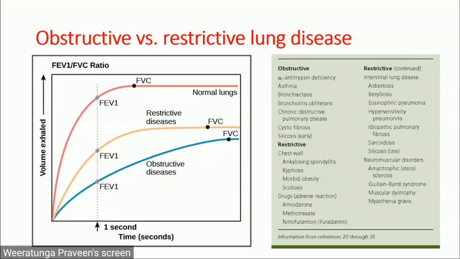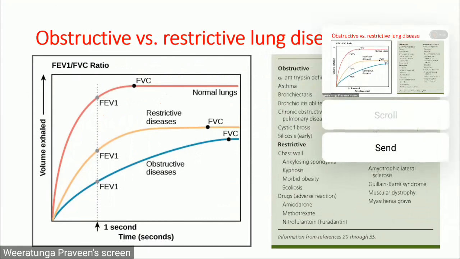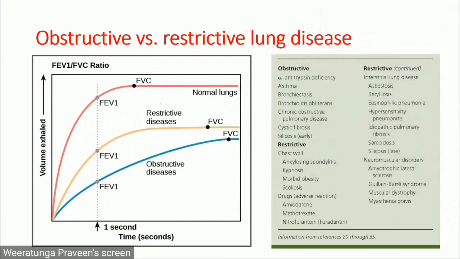Remember that restrictive lung disease doesn't only mean lung tissue related problems. Anything else that causes restriction of lung inflation, like chest wall abnormalities or neuromuscular disorders, can also be classified under restrictive lung diseases.